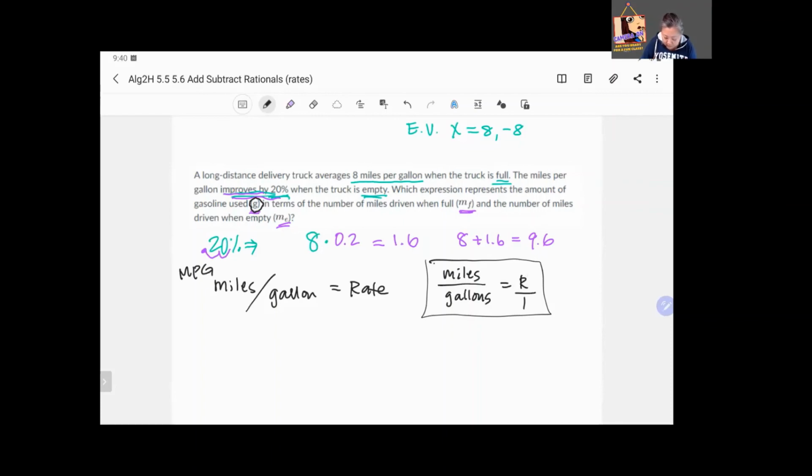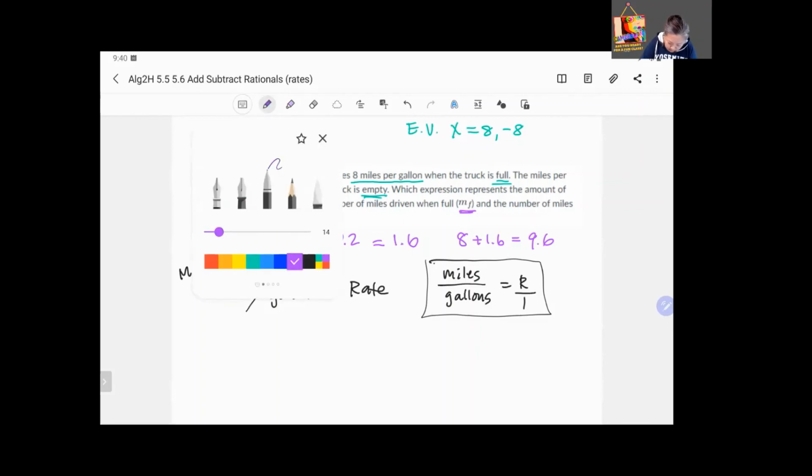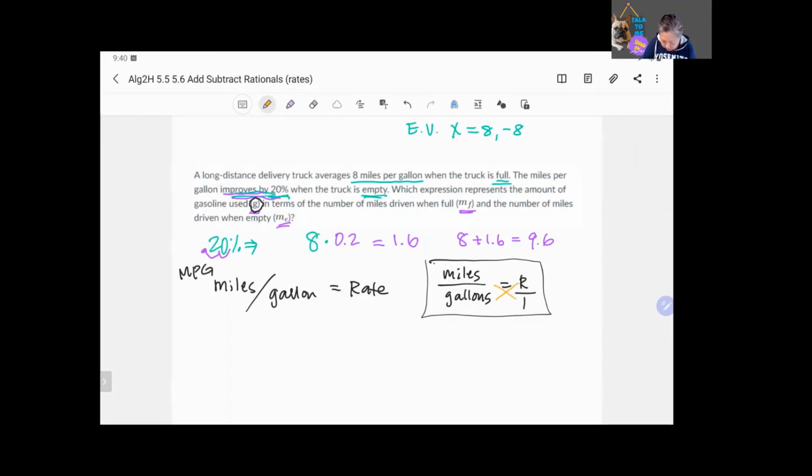We can cross multiply: the rate times gallons is miles. Now gallons is isolated, so we divide both sides by the rate. So gallons, represented by the letter G, is miles on top divided by the rate.